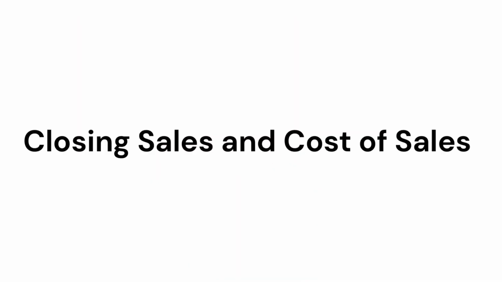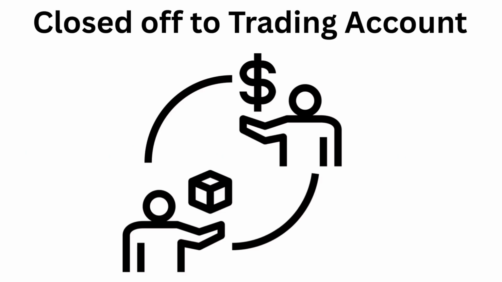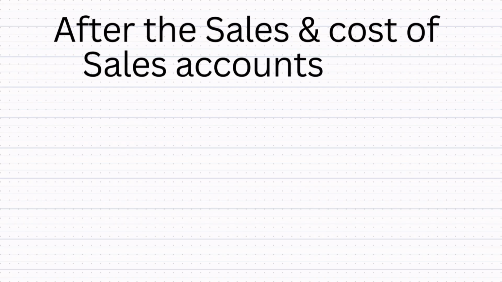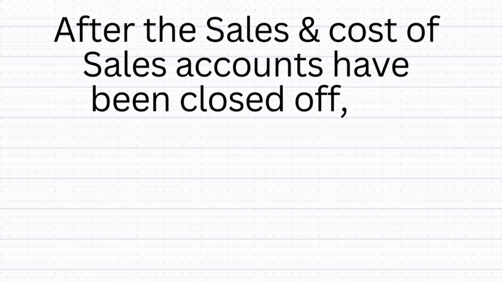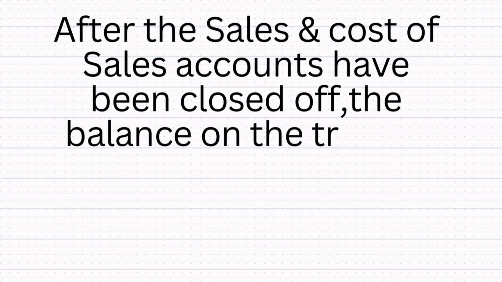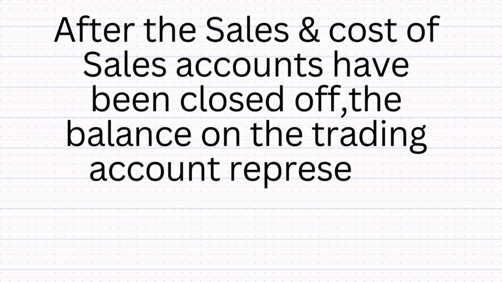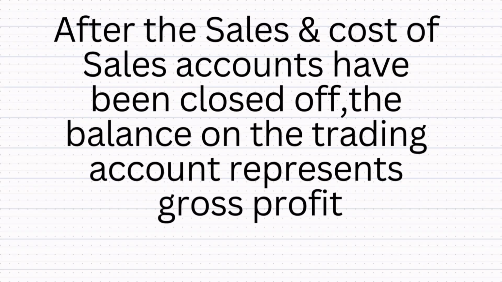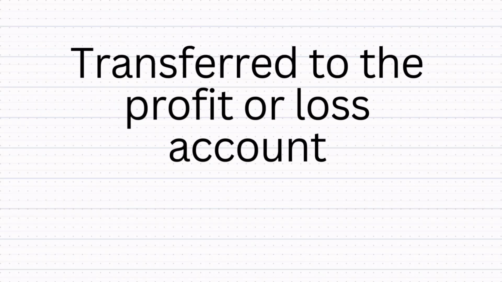Closing the sales and cost of sales: trading activities of the enterprise need to be closed off to the trading account. And closing the trading account: after the sales and cost of sales accounts have been closed off, the balance on the trading account represents gross profit, which is transferred to the profit or loss account.